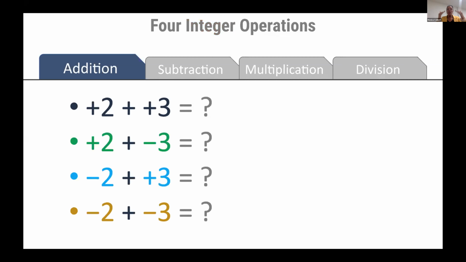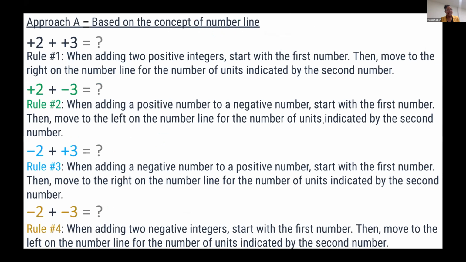So with integer operations, typically students are learning this by way of rules, and those rules oftentimes have to be memorized. If I am teaching students and they're adding a positive and a negative, and they're having to think about which one is greater or which one is less, and then considering a number line, usually it does involve some kind of rule memorization.